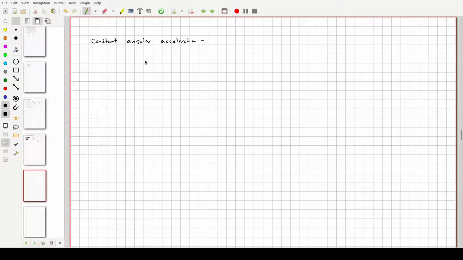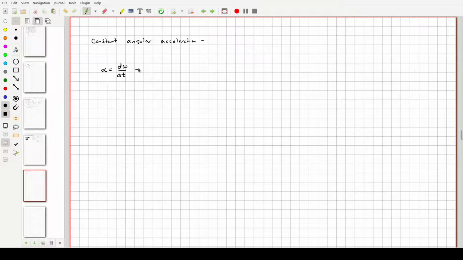But much like when we first started talking about kinematics, we had to start easy, and that's what we're doing right here. So what that means is alpha, which you could think of as the derivative of your angular velocity with respect to time, is a constant, okay?